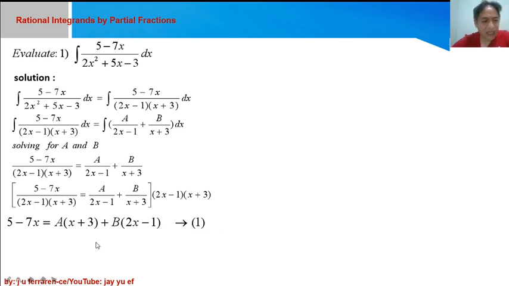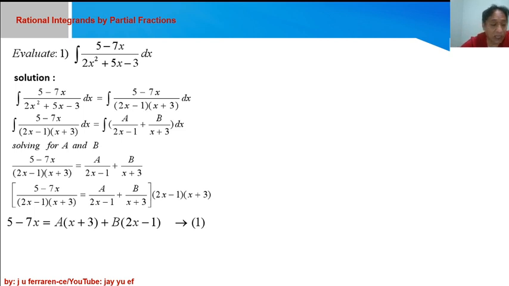So, I mark this as equation number 1. So, it is here where I have to solve for my A and B. Now, when we apply assigning values, it is good to start with the 0 of the denominator as the value to be assigned to our x. Okay. One may be the zero of our denominator of A. So, 2x minus 1 can be 0 if x is equal to 1/2.